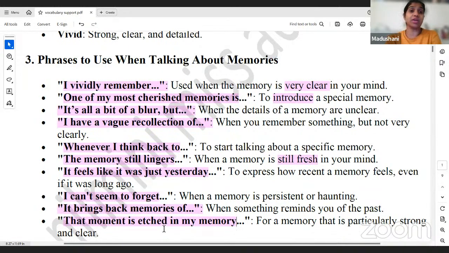So when you're talking about memories, you can use these phrases. I would give a time. If you want, you can note it down. If not, you can take a screenshot of this page. So then you can use these phrases.